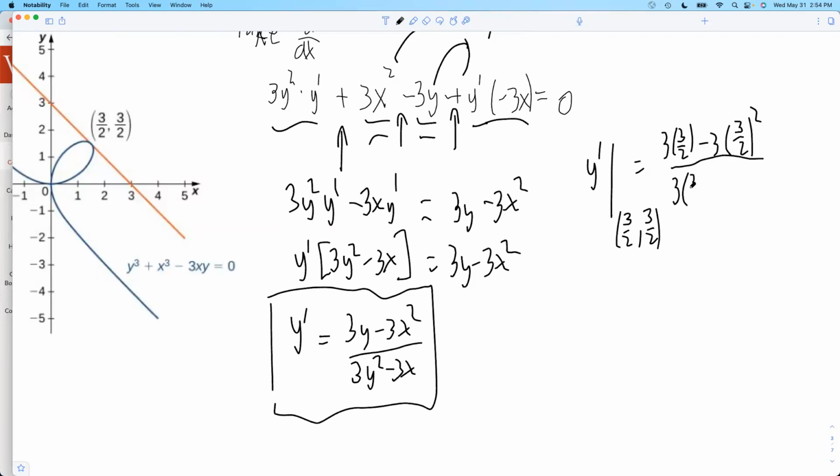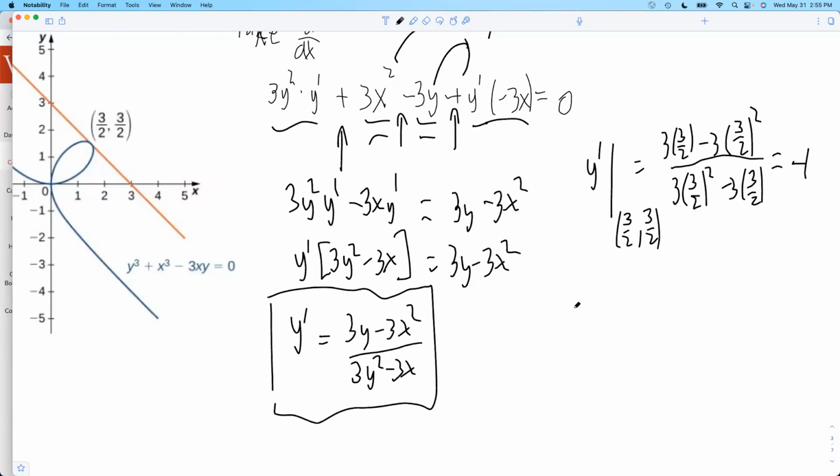Times 3 times y squared minus 3 times x. X and y both happen to be the same thing on that point. And you guys could simplify that. Actually, I think that's just -1. Yeah, that's funny. I can look at the orange line and see it is. That's -1. It's the same stuff, just in opposite order with the opposite signs, top and bottom.